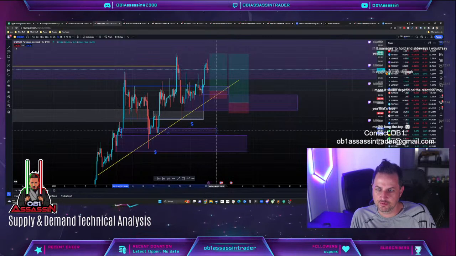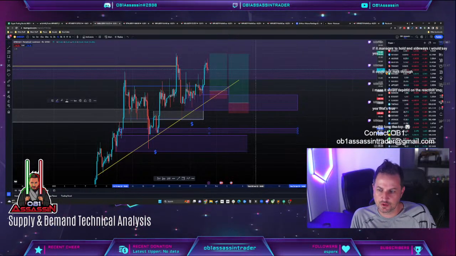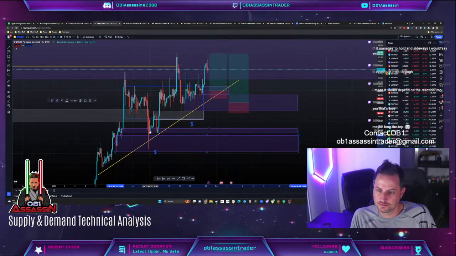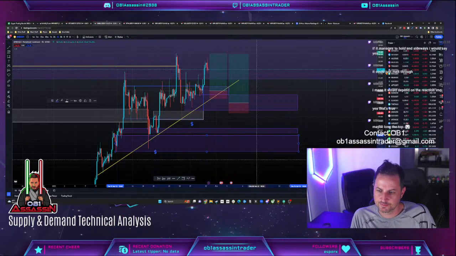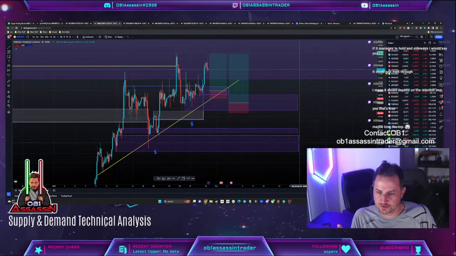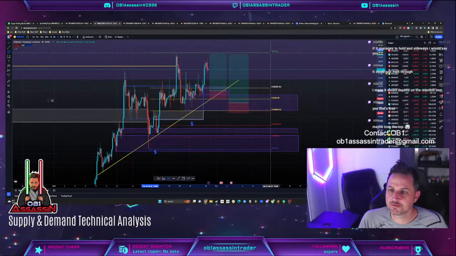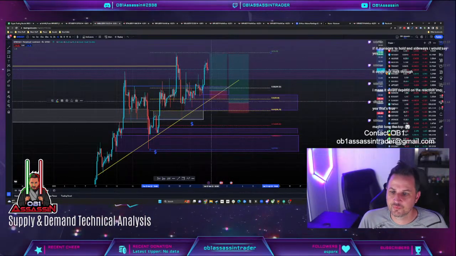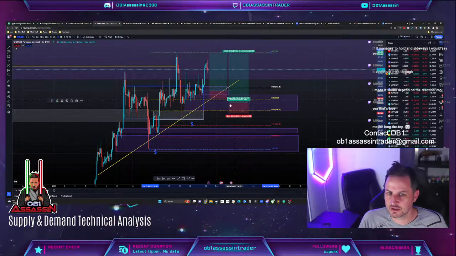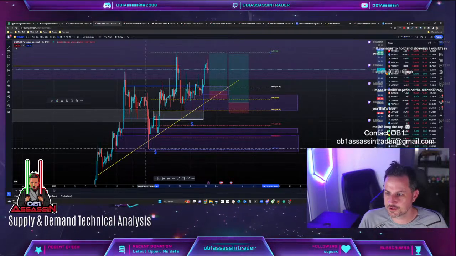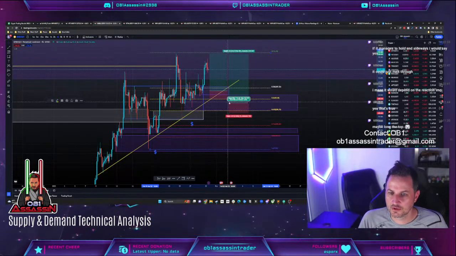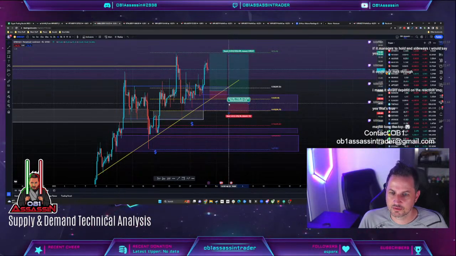I think this one here, and this one here, this one especially. I think this one down here is too deep in terms of retracements. Yeah, this is a nice one here, nearly 60%. From the bottom of the structure to the very top, 60% retracement there.